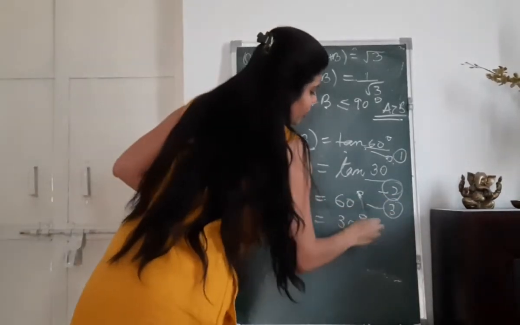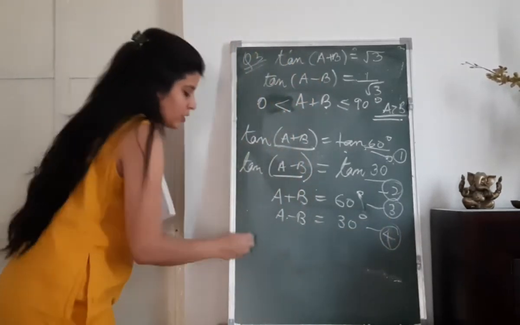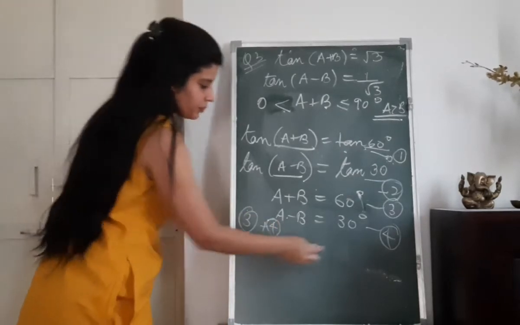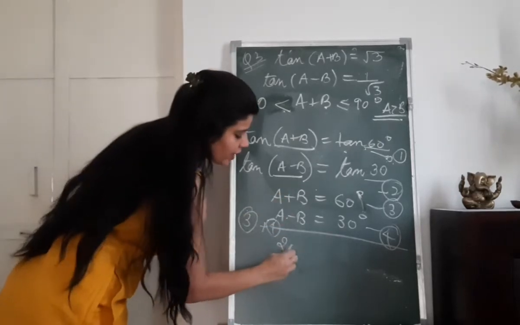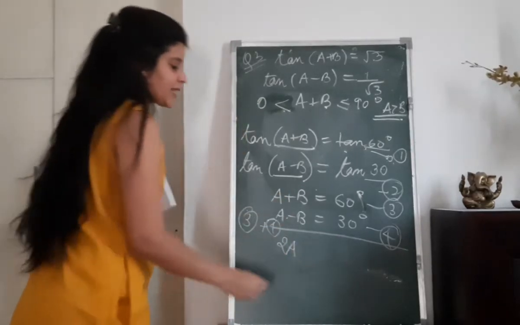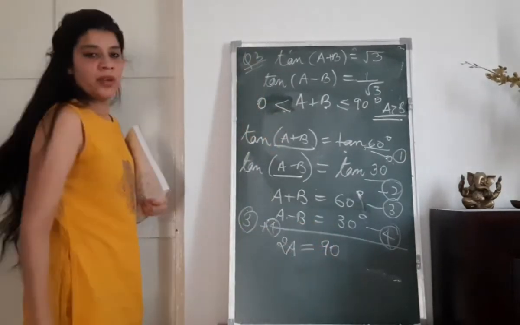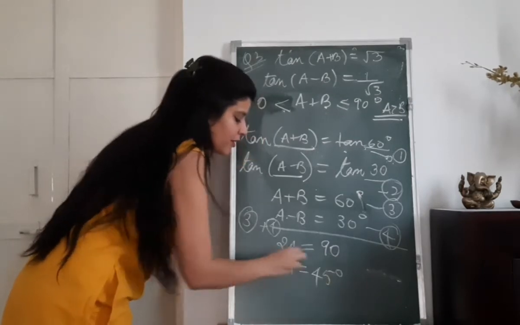Let's name these as equation 3 and 4, and let's solve them. I am just adding equation 3 plus 4. And what do I get? A plus A, 2A; plus B minus B will cancel out. 60 plus 30 is 90 degree. Right? That gives me A as 45 degree.